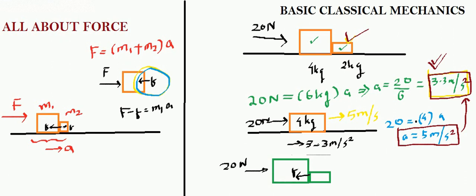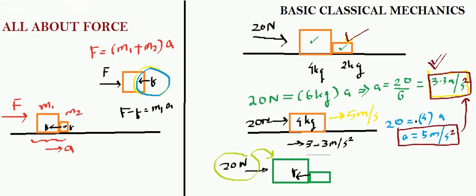Agreed? So we talked so much about the first block. What about the second block? Since the 20 Newton force is acting, look at this diagram. Don't you see the 20 Newton force is acting only on the first block? Do you find a 20 Newton force acting on the second block? No. The 20 Newton force is acting only on the first block. There is no force acting on the second block.